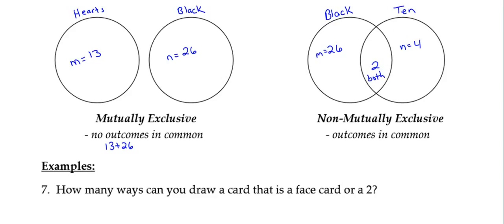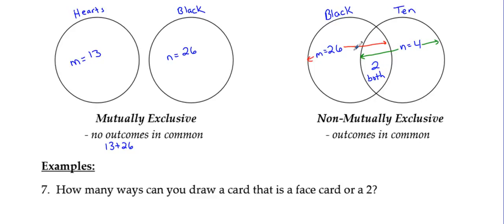If you think of it this way, the number of black cards fills this entire circle. The number of 10s fills this entire circle. That means the 2 cards that are both black and 10 have been counted twice.